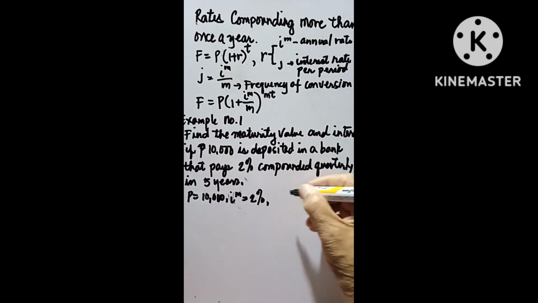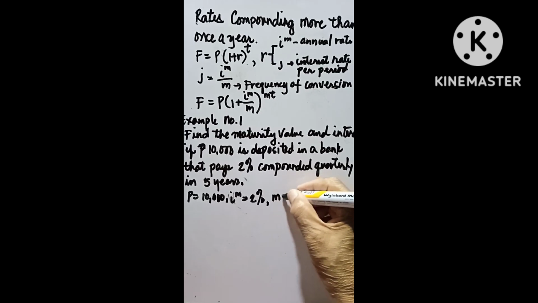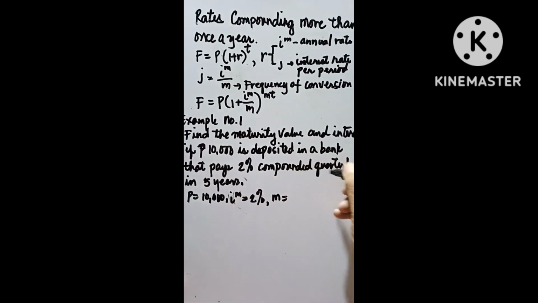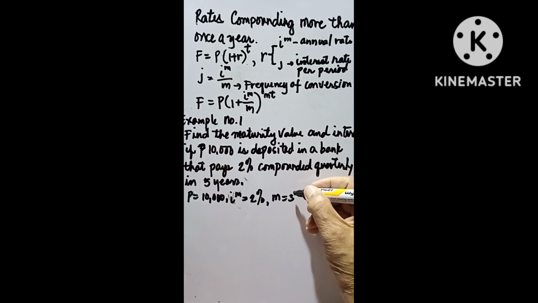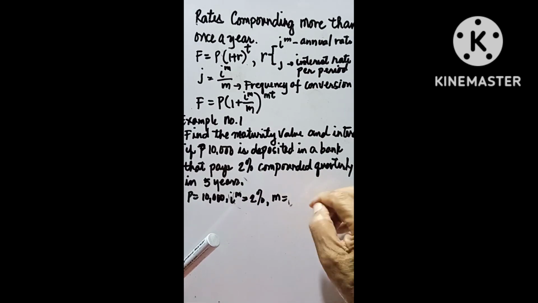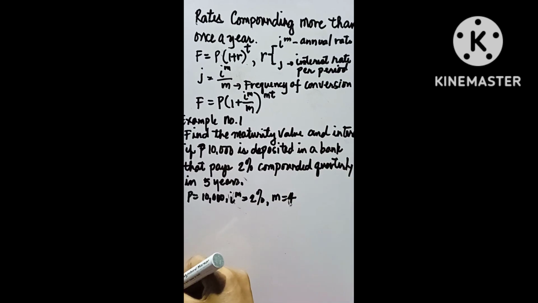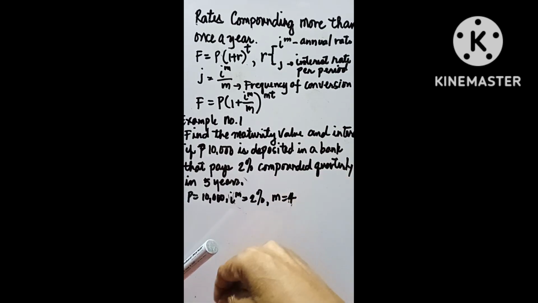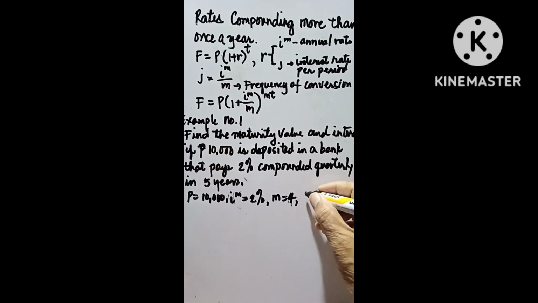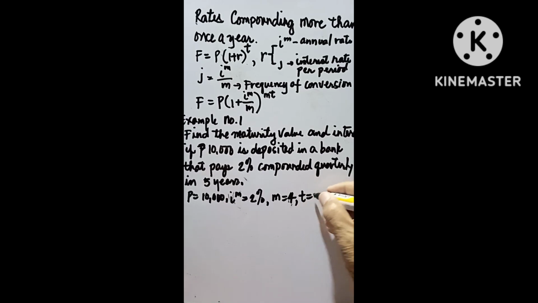And M, since quarterly, is 4. Because per quarter is 3 months. There are 12 months in a year, so 12 divided by 3 is 4. And our T is equal to 5.